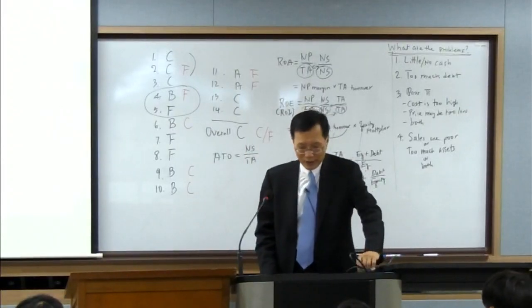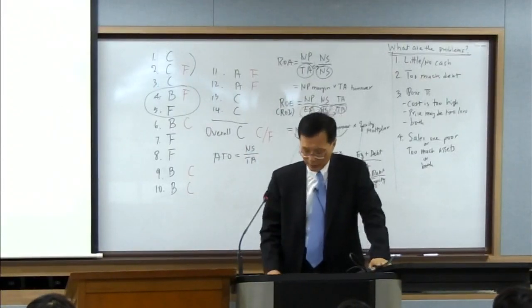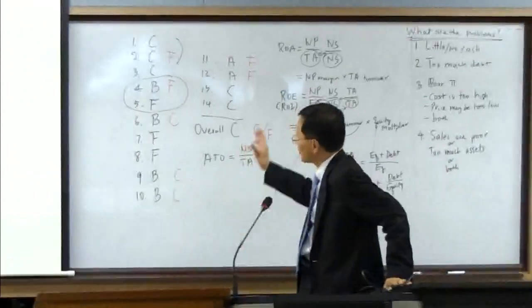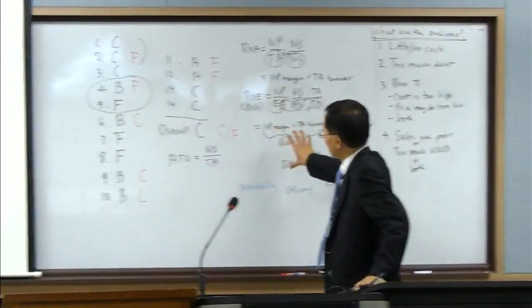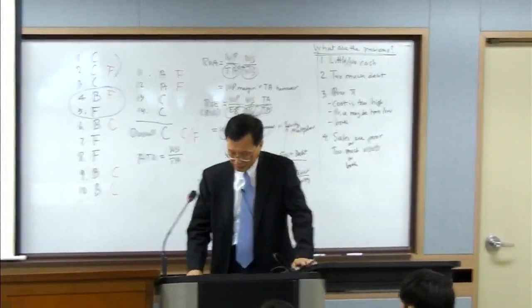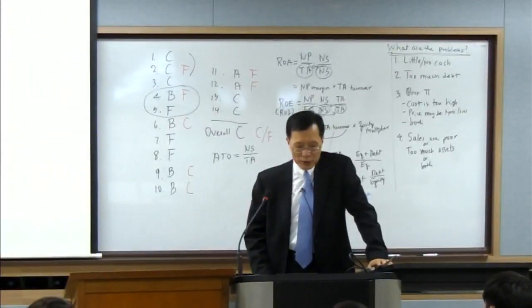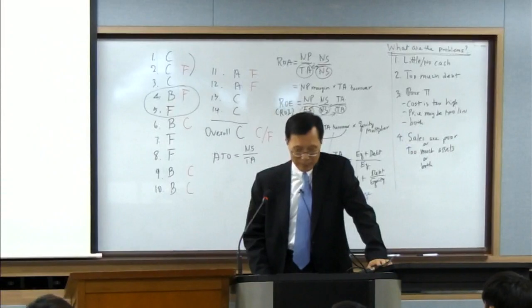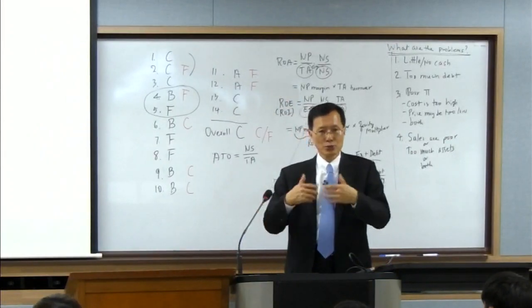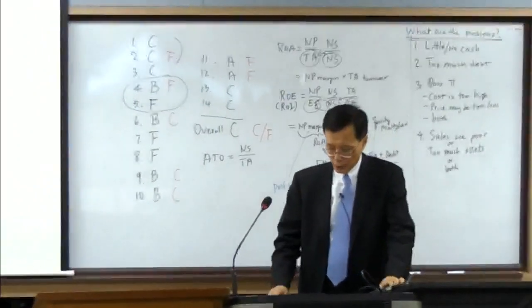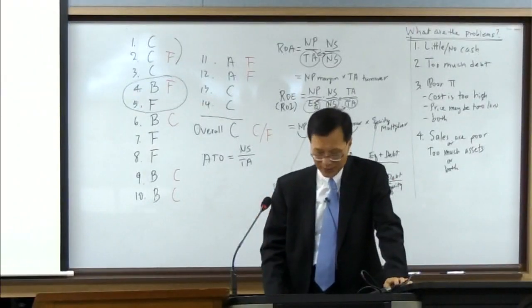Here's a look at the cash cycle. We talked about it last week, and we also talked about it today. Here's the DuPont identity, exactly this one. This is the data to use to apply DuPont analysis.